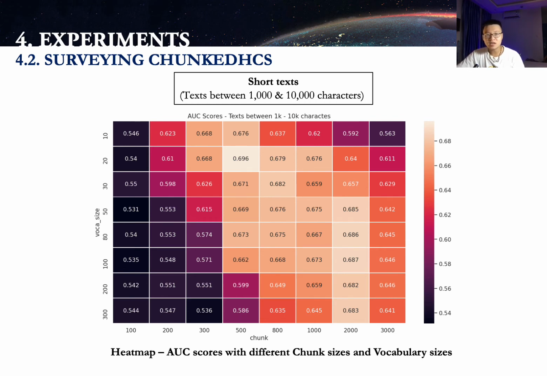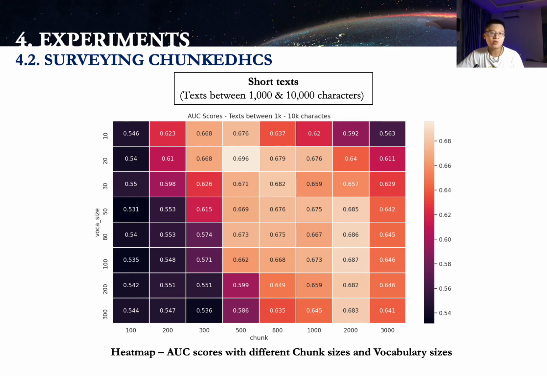Now for surveying ChunkedHC, this is for the short text, between 1,000 and 10,000 characters. This is the heat map for the AUC score for different chunk sizes and vocabulary sizes. First things first, ChunkedHC has poor performance for chunk sizes of 100 or 200 characters, where it's only slightly better than random guessing.